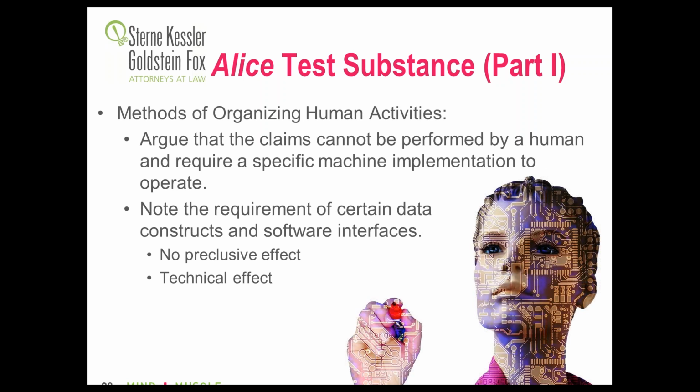That requires a specific machine implementation to operate. These types of things can't be performed by a human. A human can't receive certain types of signals and generate other information. So if there are certain data constructs and software interfaces that are required, try and point to those, again, to show that you don't preempt some abstract idea and also to show that there is a technical effect.